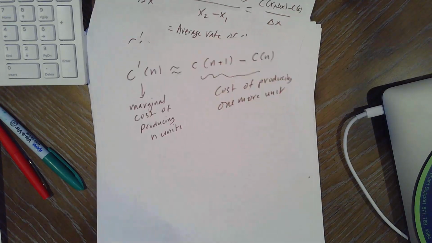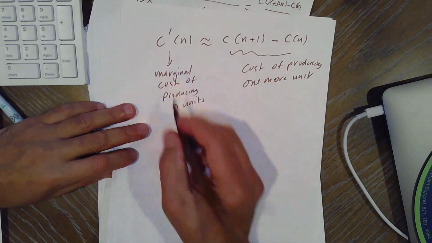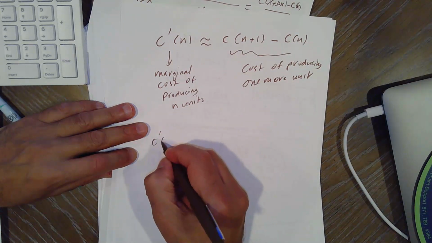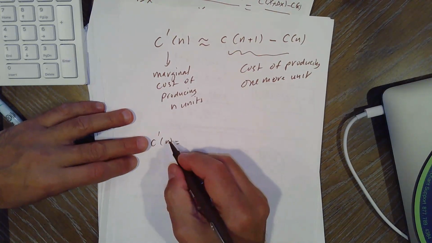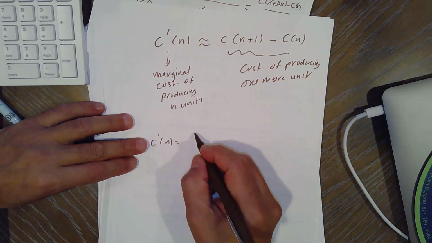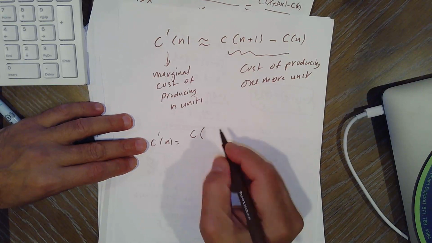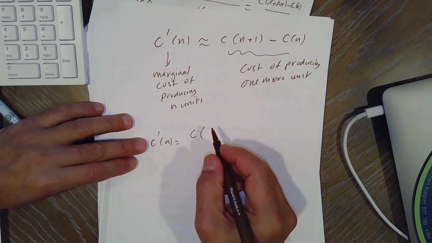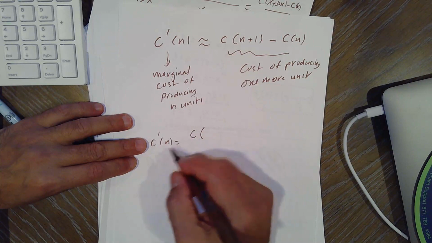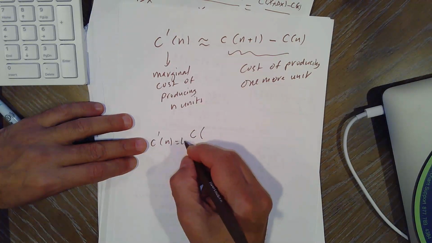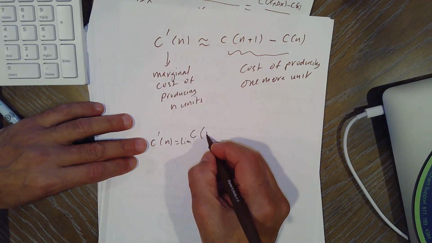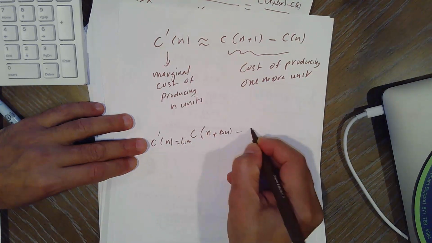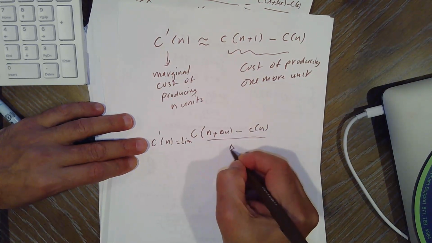And if you want to know where this came from, remember C prime of n is the limit as delta n goes to 0 of C of n plus delta n minus C of n over delta n.